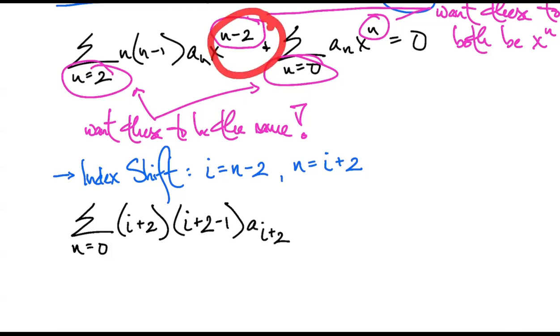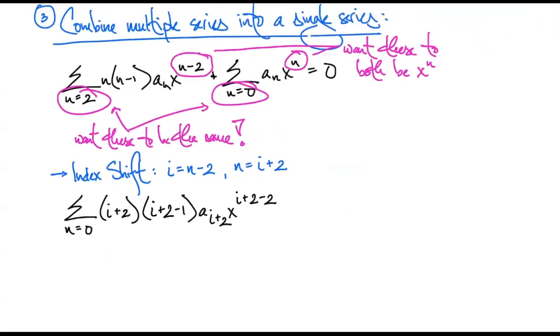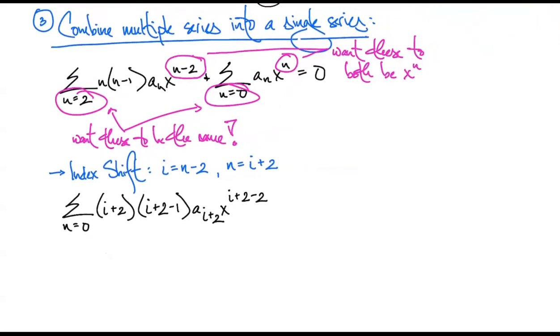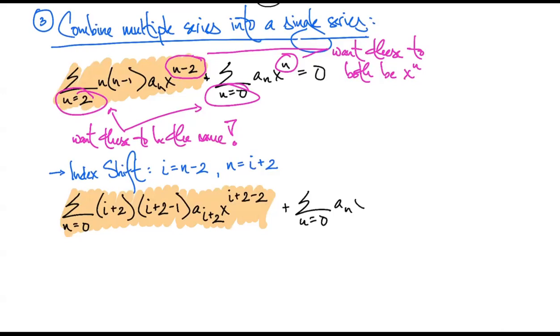And instead of x to the n minus 2, I'm going to write x to the i plus 2 minus 2. This is all still the orange solution. I am doing an index shift on that orange solution. Plus, let me just write down the second part so I don't forget that I have it.